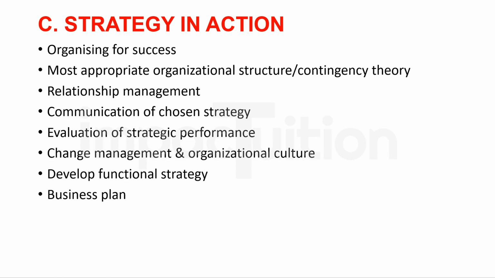We will also look at relationship management, communication of chosen strategy, evaluation of strategic performance, change management and organizational culture, developing functional strategy, and the business plan. There are models in some of these. We will discuss each of them when we get there in detail.